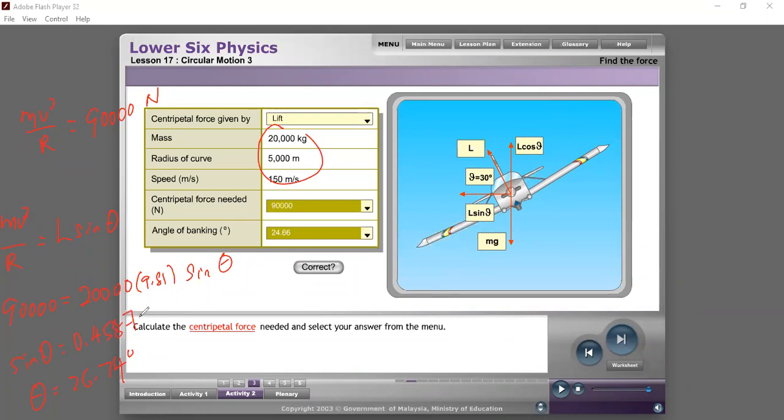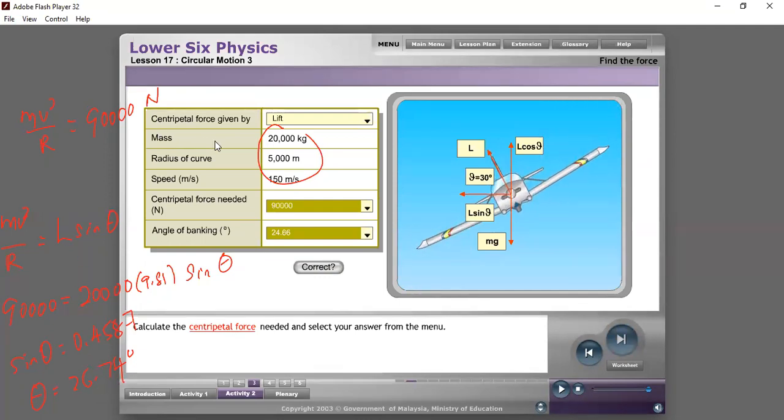So shift sin answer. So I get around 27.3. If 27.3, that means the nearest is still something like that. This is still 26 something, 24, 26, 27.